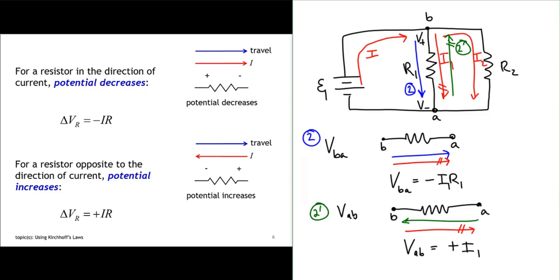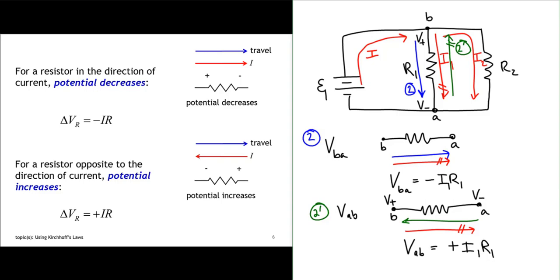So the potential from A to B is positive I sub 1 times the resistance of resistor 1. Now, why is that again? Well, again, we said point B is at the higher potential. Point A is at lower potential. So if our analysis goes from A to B, that means we're going from lower potential to higher potential. That means the potential difference of our resistor increases.